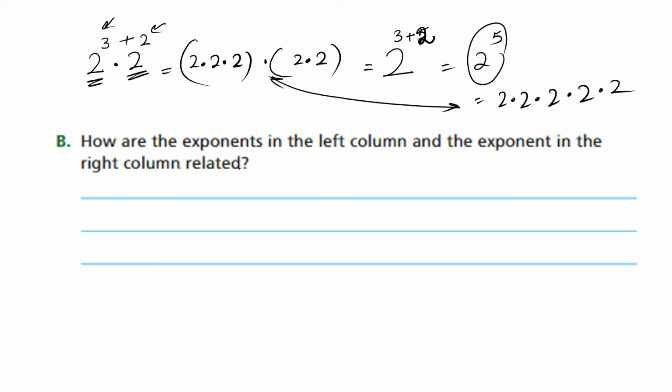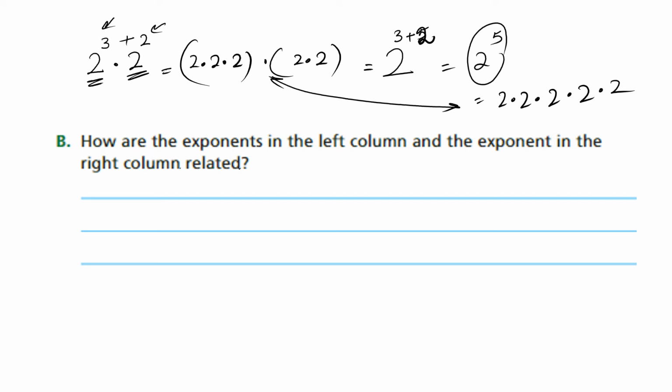So what will we write here? How are the exponents in the left column related to the right column? Okay, figure it out.